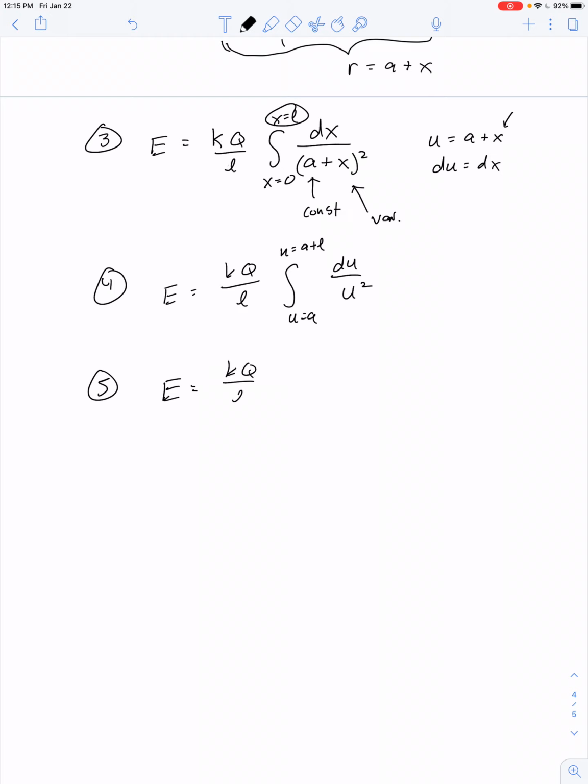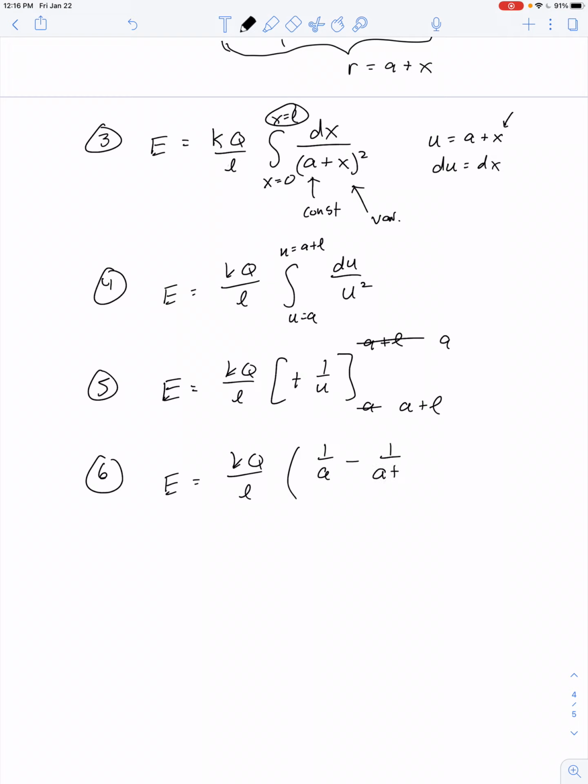E is equal to kq over L times negative 1 over u, with limits of integration going from a to a plus L. We could change this to a positive and then flip our limits, so a and a plus L. So the electric field is kq over L times 1 over a minus 1 over a plus L.